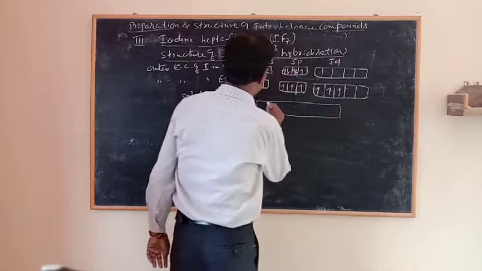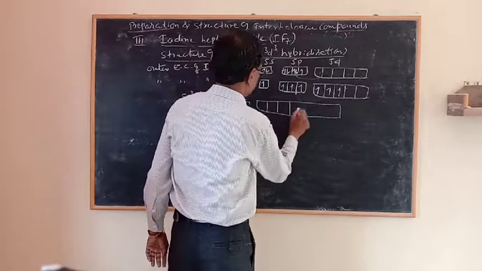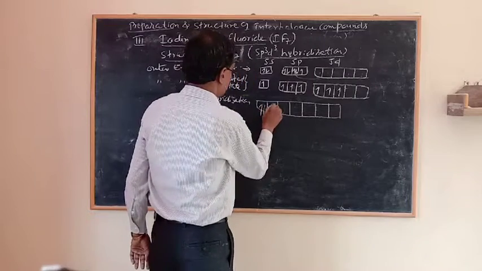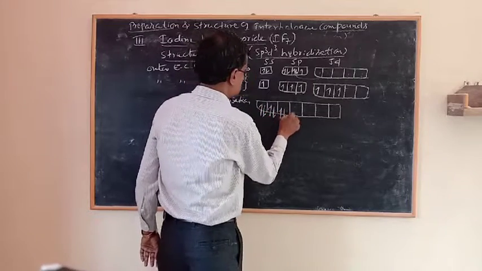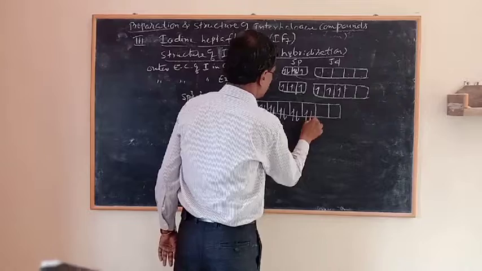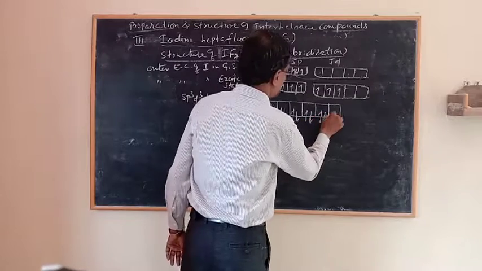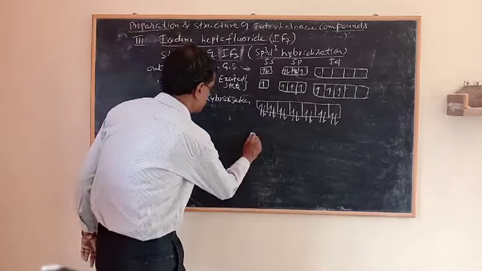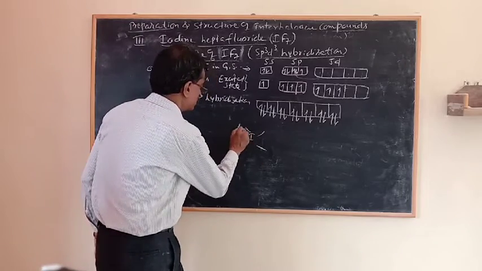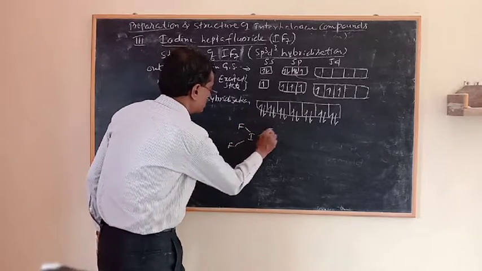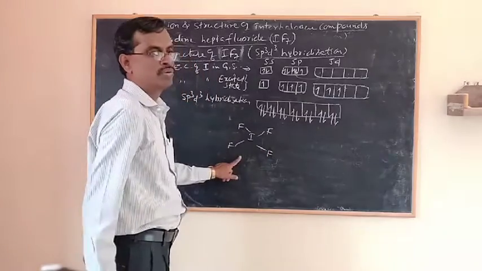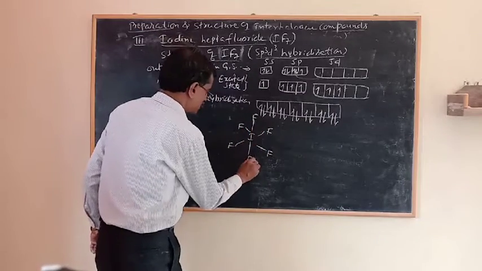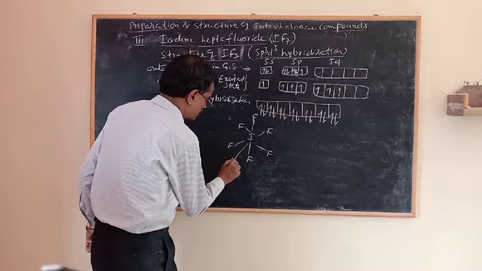Seven orbitals are here: 1, 2, 3, 4, 5, 6 and 7. So these 7 electrons are paired like this to form this sp3d3 hybridization, and the shape of this molecule is, 4, 5, 6, and lastly 1 is there.